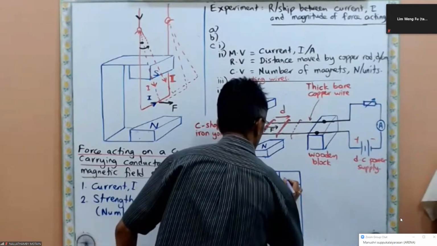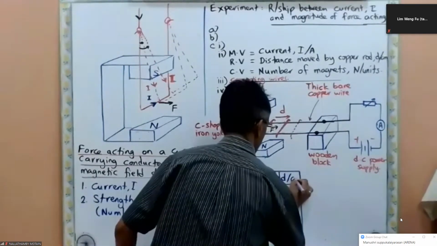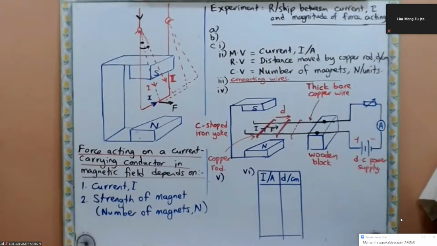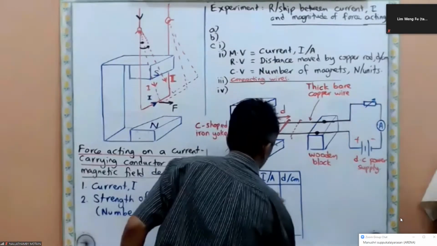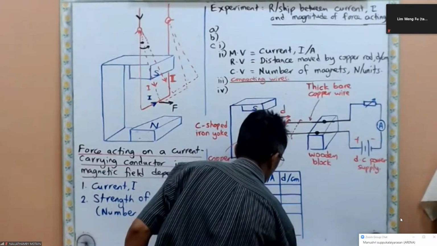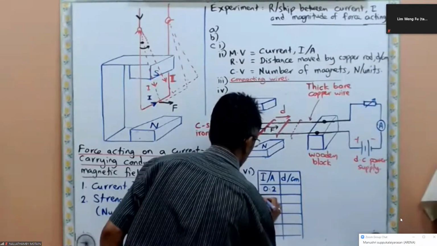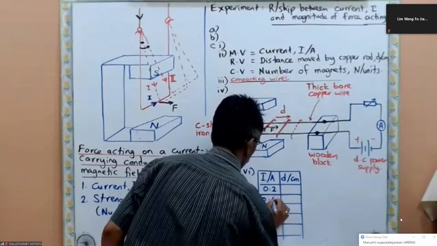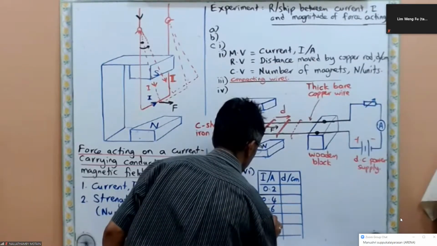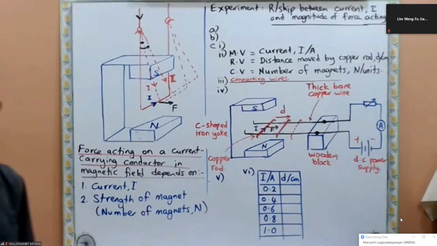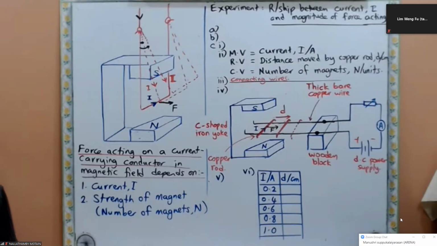I in ampere, and then here is D in centimeter. Then here for currents, we write 5 values: 0.2, 0.4, 0.6, 0.8, and 1.0.